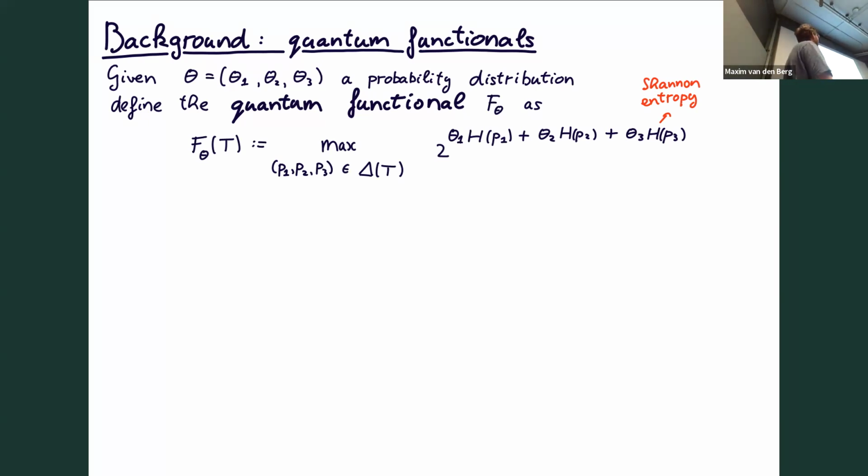These points are probability distributions, so they have some entropy, a standard entropy, which I can evaluate for all the points. Then I take the weighted average of these, and take 2 to the power of that value. This is a function that I can define, and it actually has very nice properties.